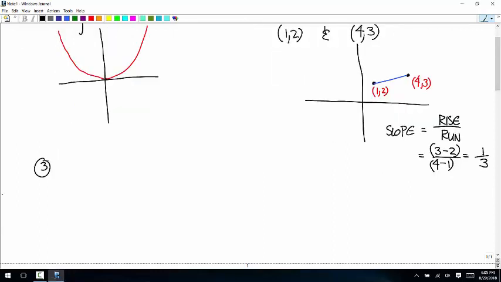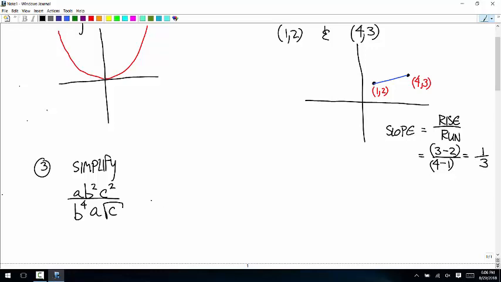Then question 3: simplify the expression a times b squared times c squared, all over b to the 4th times a times the square root of c.